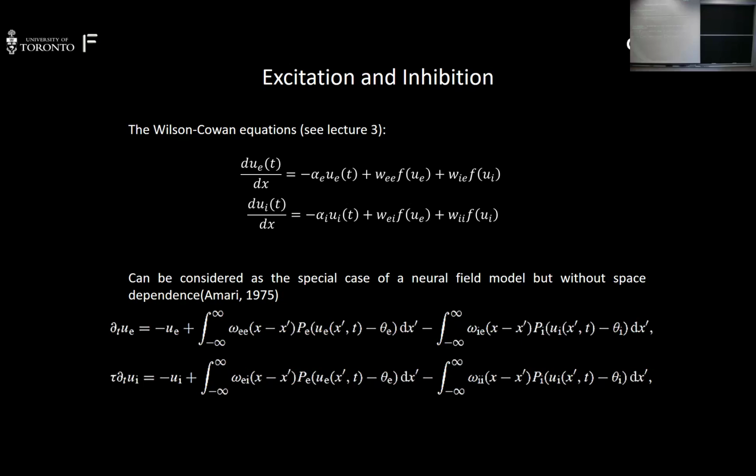of excitatory and inhibitory neurons that have these spatial synaptic kernels, where we're not just integrating the input from the I population, which would be the input here, right? The inhibitory input to the excitatory population here, and the excitatory input to the excitatory population here.